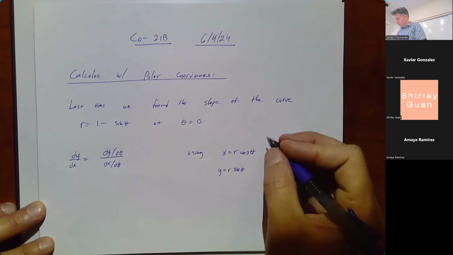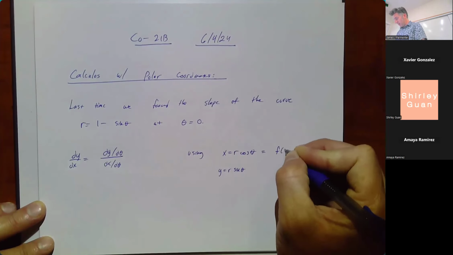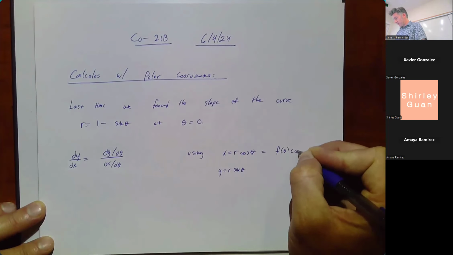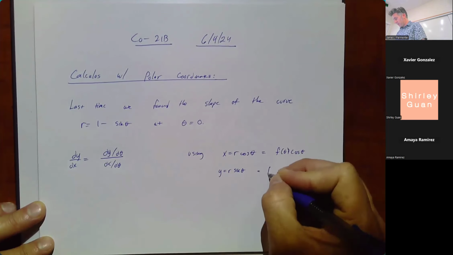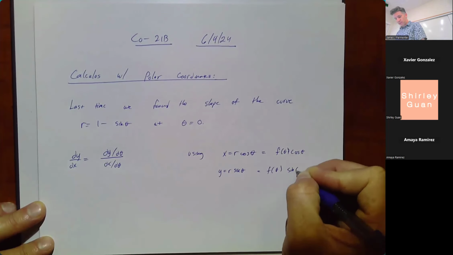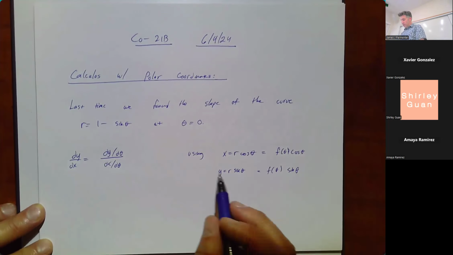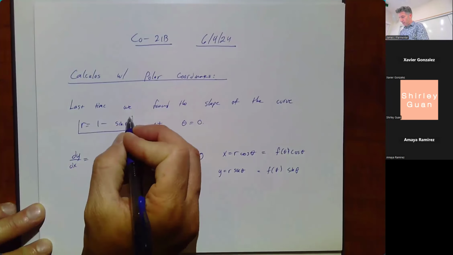So this is a function of theta times cosine theta and a function of theta times sine theta. Specifically, the function of theta is 1 minus sine theta.